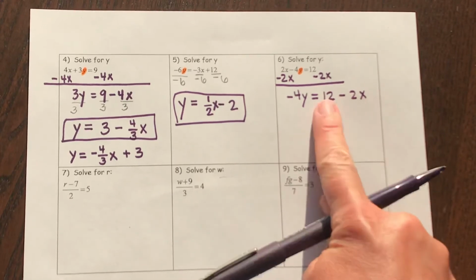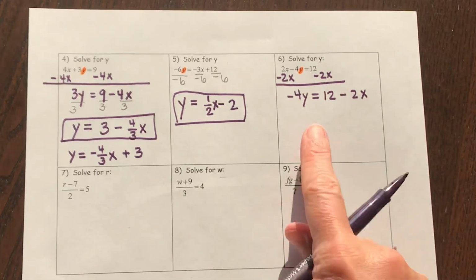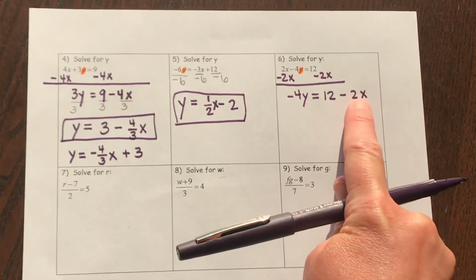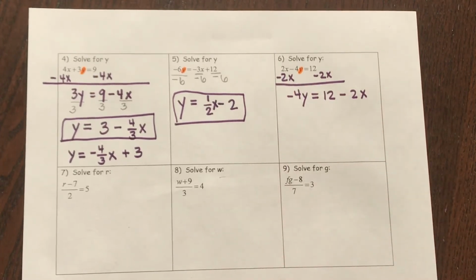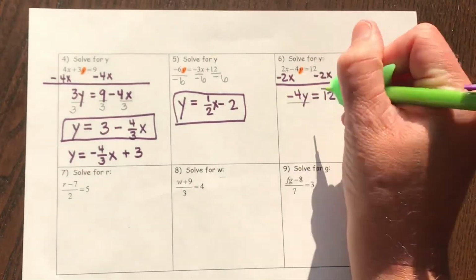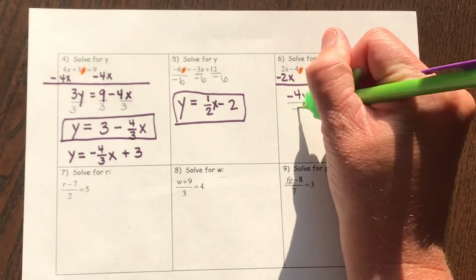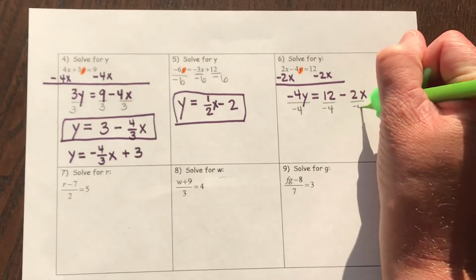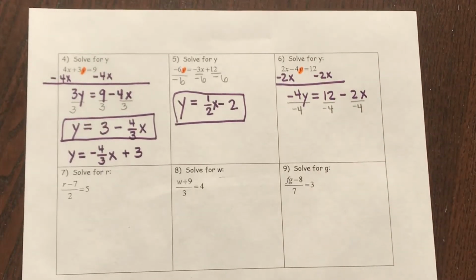Notice we cannot combine those together because the 12 is a constant and the 2x is a linear term because it has a letter on it. Okay, now if I divide everything by the coefficient in front of the y so I can get the y alone, I will need to divide every term by -4.